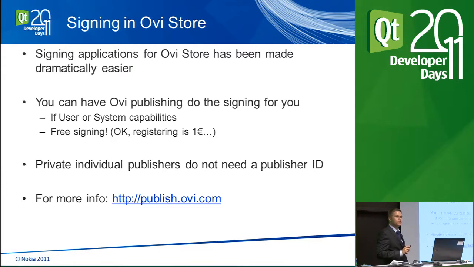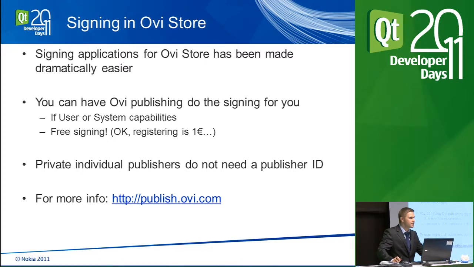In the beginning of this training track, we had Jukka who told us a little bit about publishing your applications in Ovi Store. And in the final section of today's training, another person will come in and explain the whole process of packaging and signing your application and publishing it in Ovi Store.